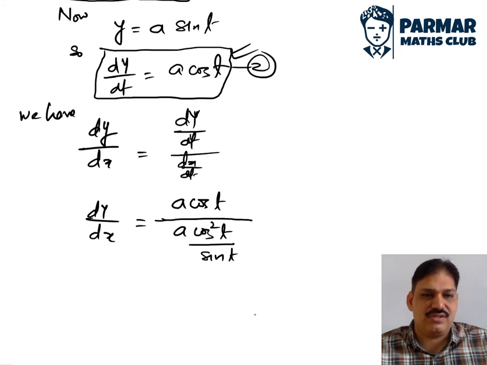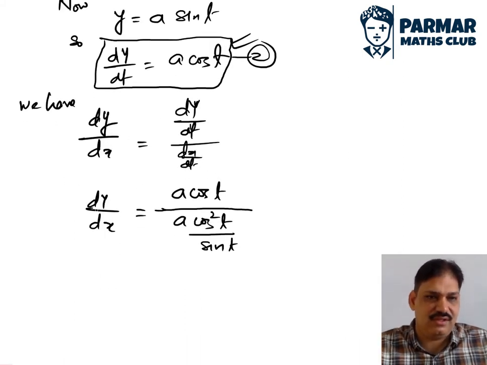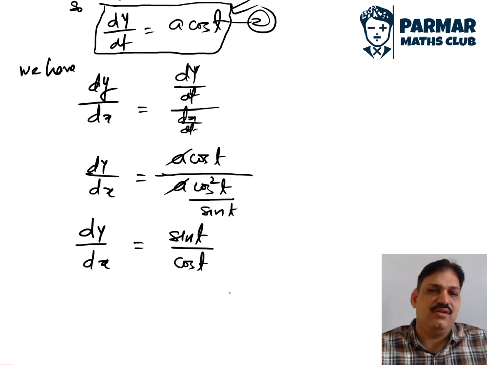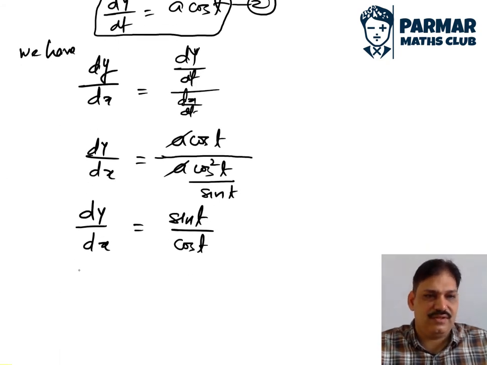We can cancel cos t with cos t and a with a. So simply we'll get derivative of y with respect to derivative of x is equal to sin t upon cos t. Finally, derivative of y with respect to x is equal to tan t.